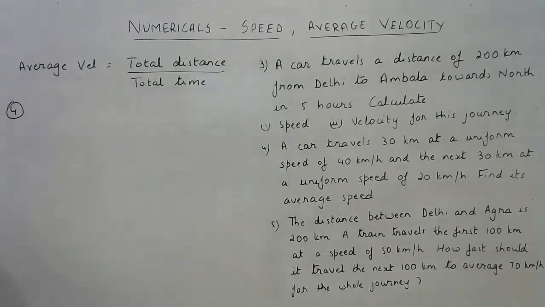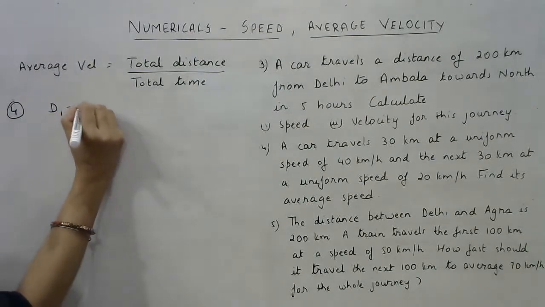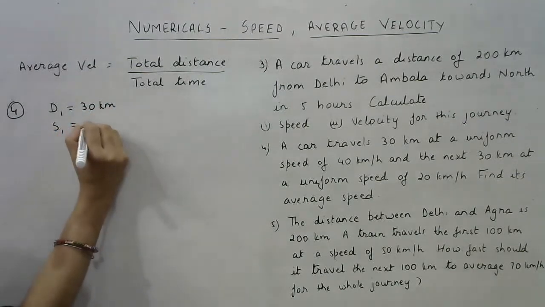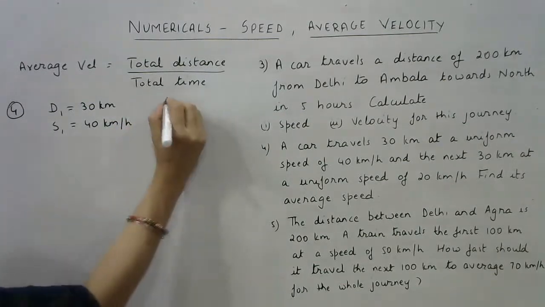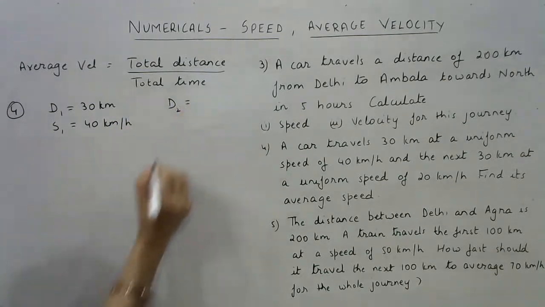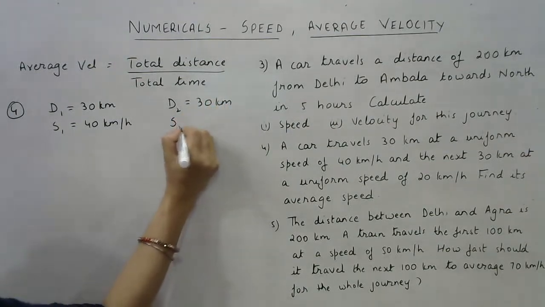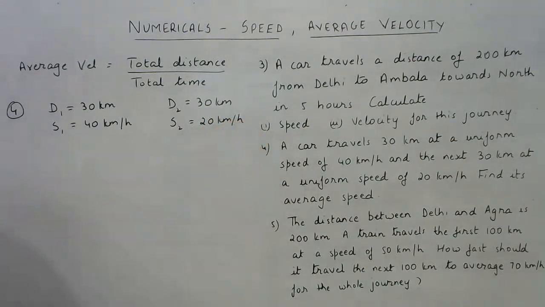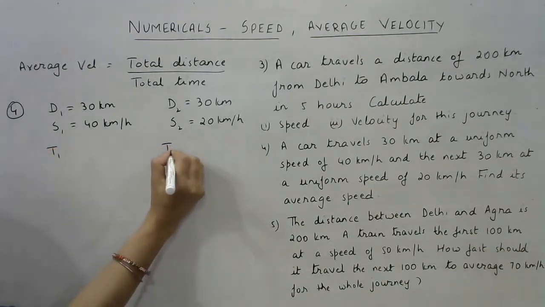This is our question number 4. Distance 1, we'll write it like this, is 30 kilometers and speed 1 is 40 kilometers per hour. Distance 2 is again 30 kilometers and speed 2 is 20 kilometers per hour. Now since we know the formula, speed is equal to distance upon time, so we can calculate time 1 over here and time 2 over here.